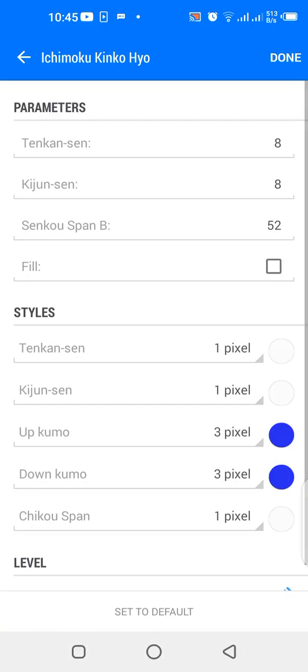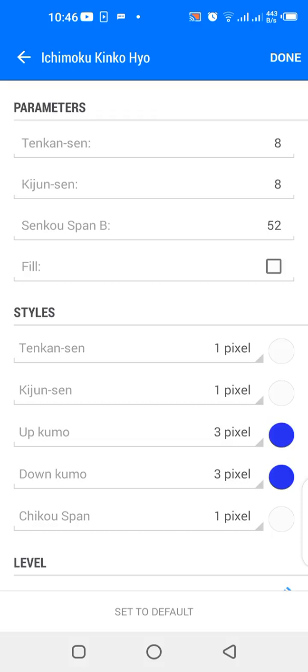We have Ichimoku. The parameters for the Ichimoku: Tenkan Sen is 8, Kijun Sen is 8, and Senkou Span B is 52. The Tenkan Sen star color will match the background color of the chart, same as the Kijun Sen color and the Chikou Span color.